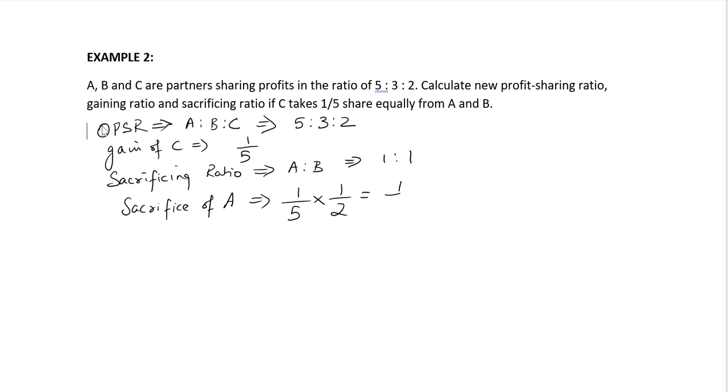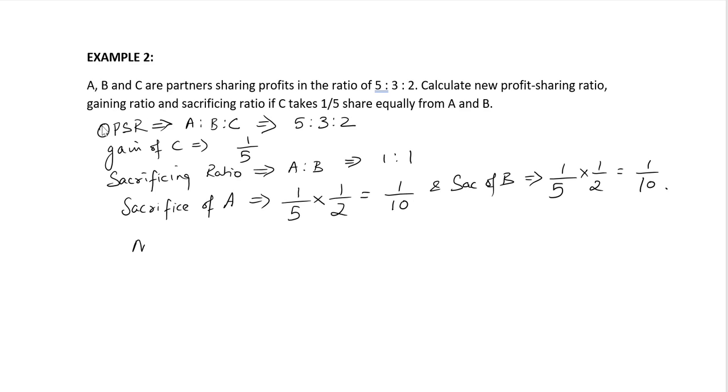So sacrifice of A is 1/10 and sacrifice of B is again total sacrifice of A and B 1/5 into the sacrifice ratio 1/2, which is equal to 1/10.